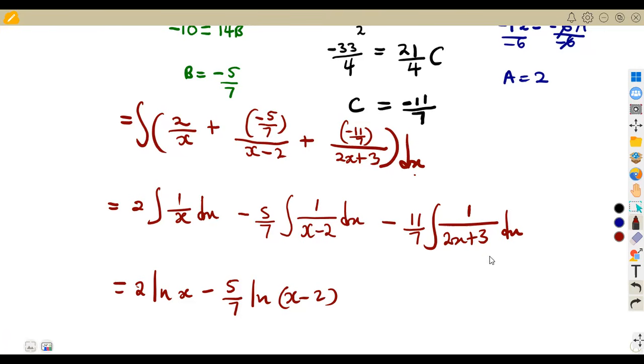Then here, I want you to see this part. If you check properly on this integral, there is a 2x plus 3, which is linear just like this part. So we're supposed to have our integral as minus 11 over 7. When you integrate this, it gives you ln of 2x plus 3. You find the derivative of the ax plus b, and the derivative is 2, so you divide by 2.